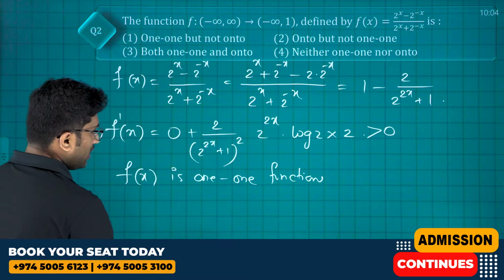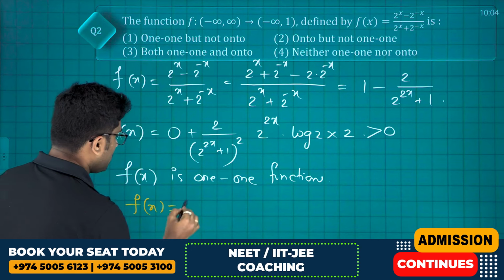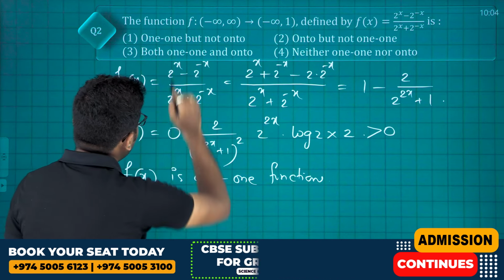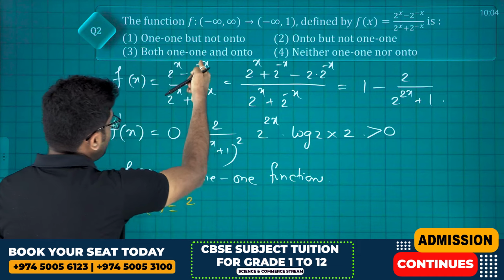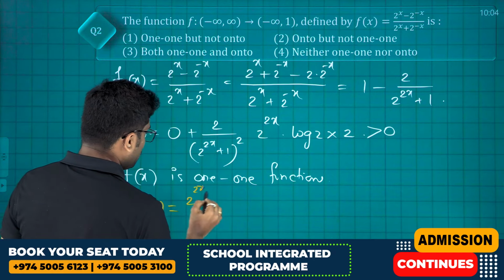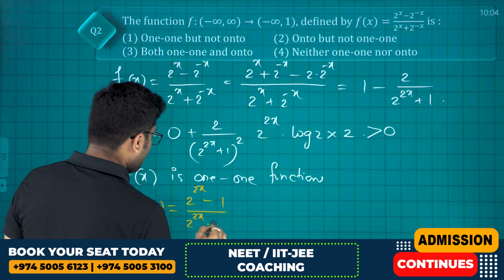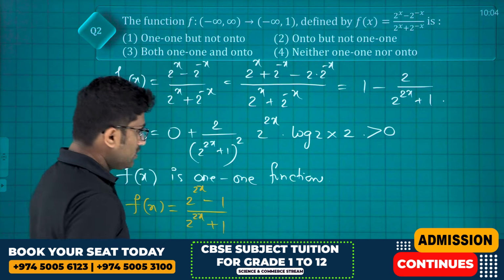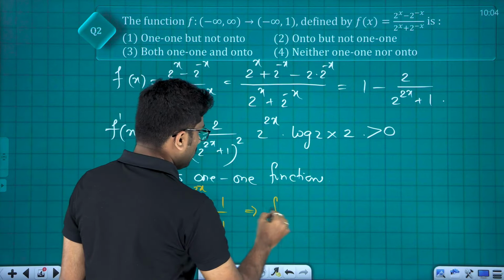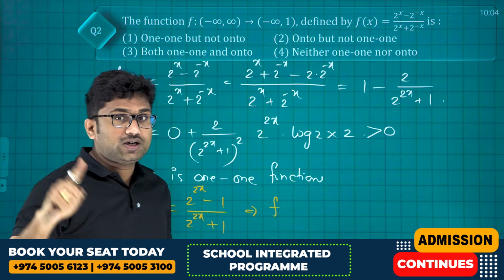Okay, so we have f of x is equal to, we can write this, if I take 2 power minus x as 1 by 2 power x, so we get 2 power 2x minus 1 divided by 2 power 2x plus 1. Okay, so from this case the function is from minus infinity to plus infinity.